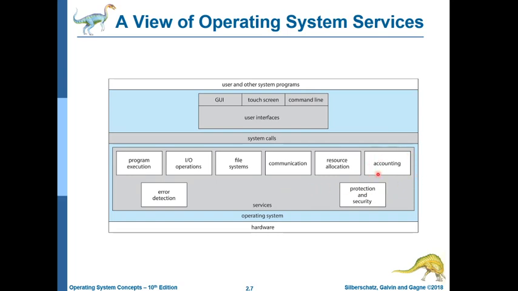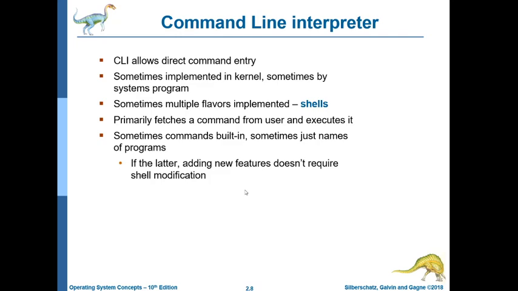When we talk about accounting here, it's not about money, but mostly statistical information about how much memory is left and so on. Then protection and security, and error detection particularly. All of these services are available in an operating system, and the operating system interacts with the hardware, which sits on the lowest level, right?